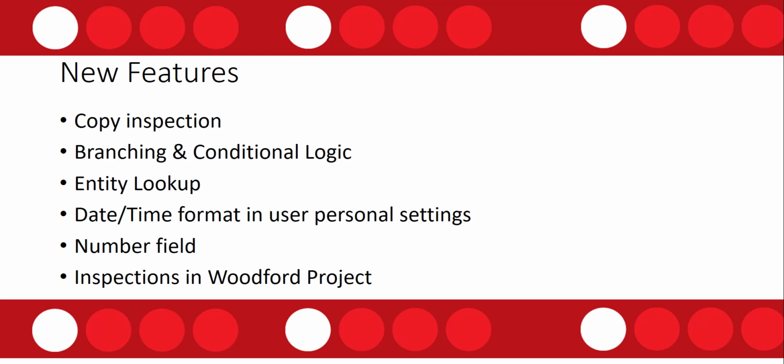We now have the ability to actually put an entity lookup in the inspection as a question. Then users are going to be able to enter time in the format that they have set in their personal settings. There's going to be a number type of question, where people can only input numbers.